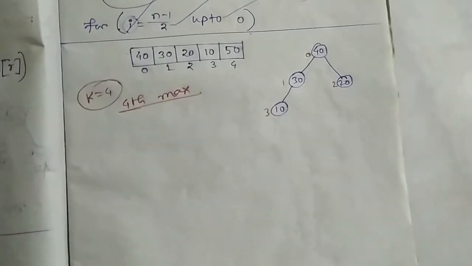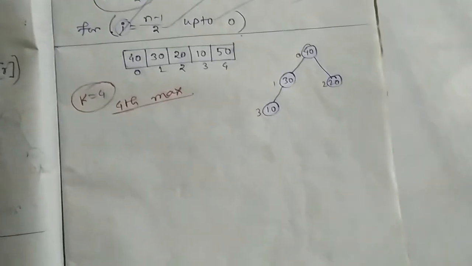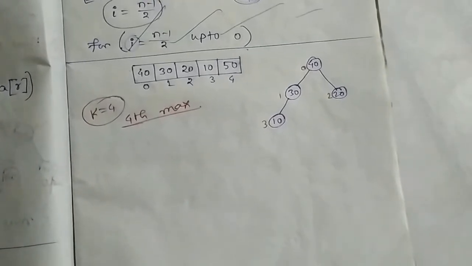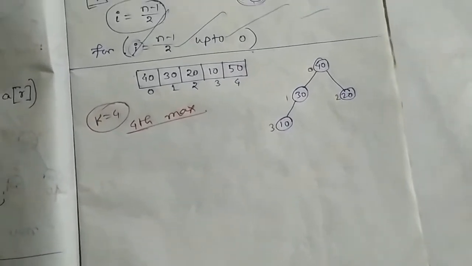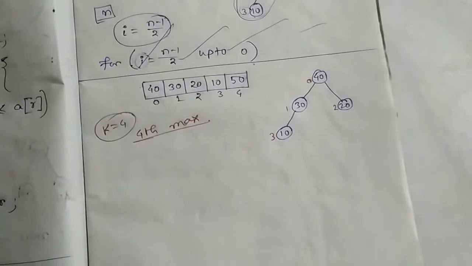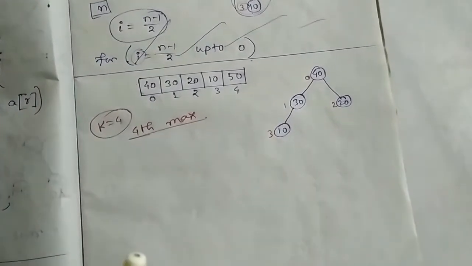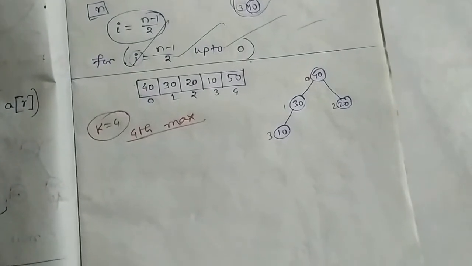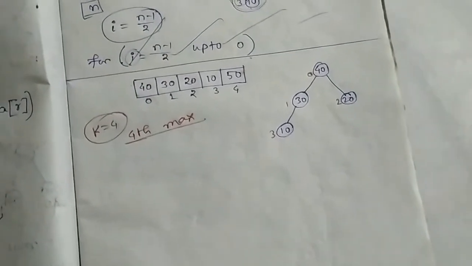Now we will see how we can write the code. I will not show you the exact code, but I will show how we can write it. We have to start from the parent of a leaf node, from the rightmost parent of any leaf node.